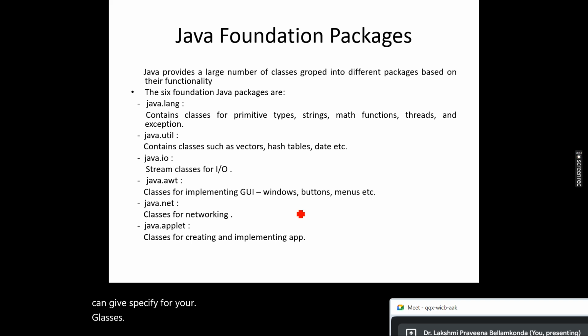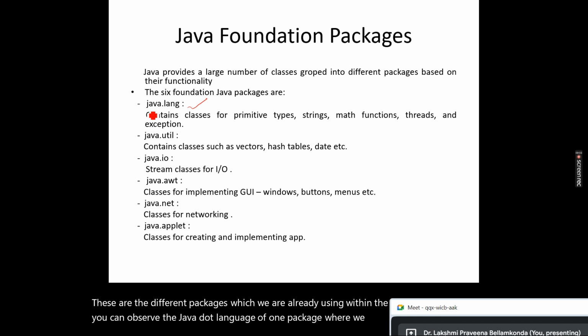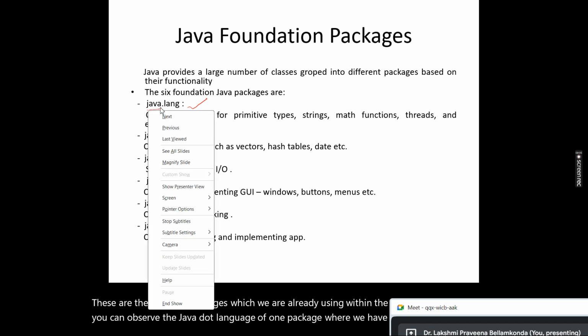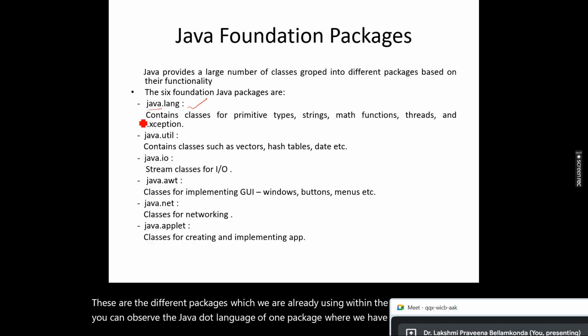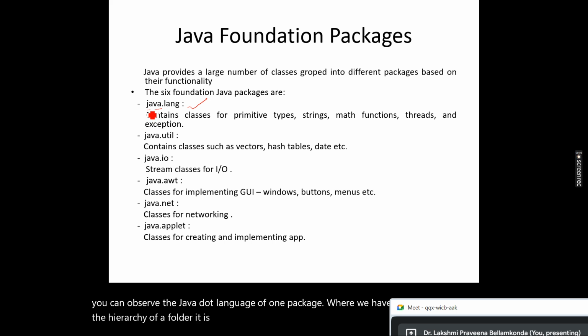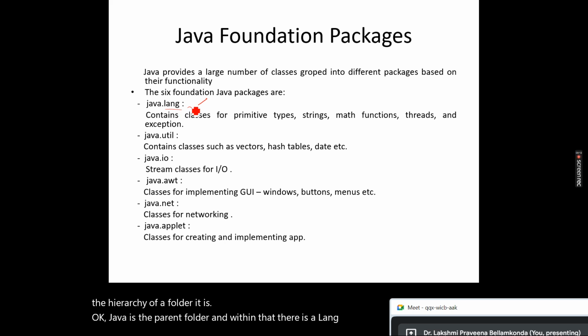These are the different packages which we are already using within our Java language. So here you can observe the java.lang is the one package, and here is the hierarchy of a folder. Java is a parent folder, and within that there is lang as a subfolder, and within that we have all the required classes.